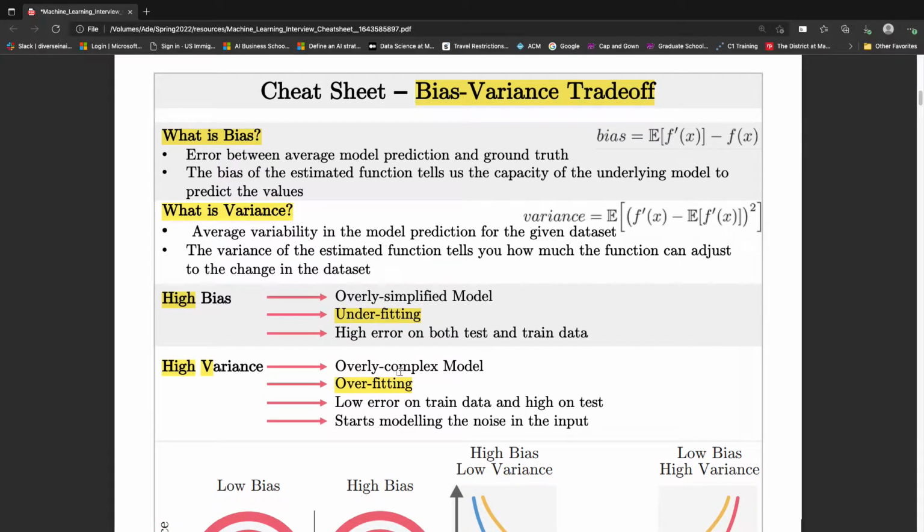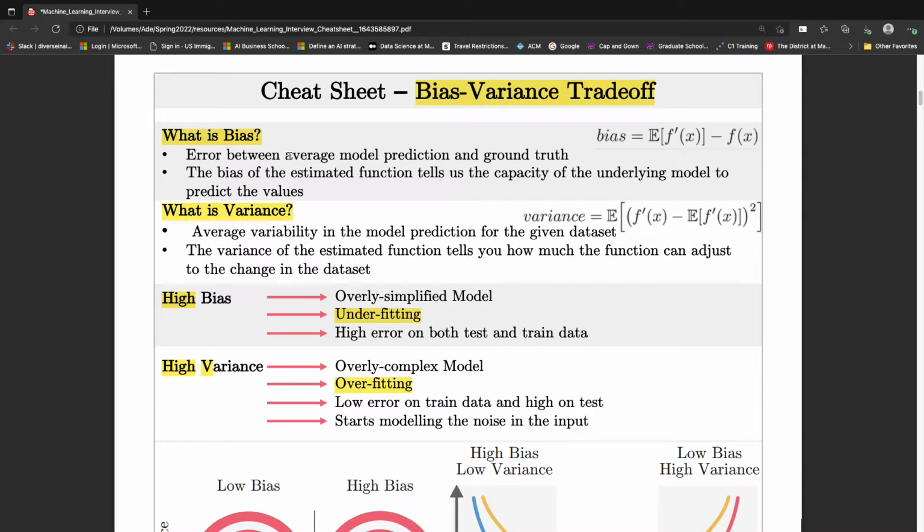So that's just that. And I love the definition they put in here for bias. It says it is the error between the average model prediction and ground truth. I think we have done a video about that.